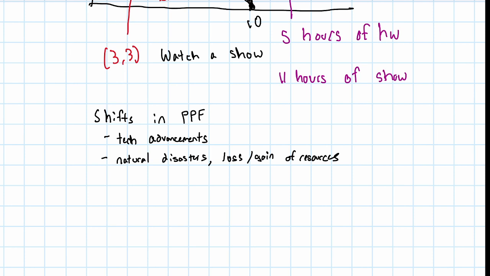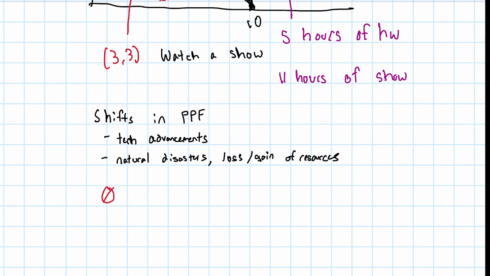Now, a common mistake, which we want to make sure we don't make, so I'll put this right here, is what will not shift the PPF is if we reallocate resources. So let's say we can either produce bread or bagels. If we have a lot of bread workers and a lot of bagel workers, but bagels now become more popular, so we move some of our bread workers to bagel workers.